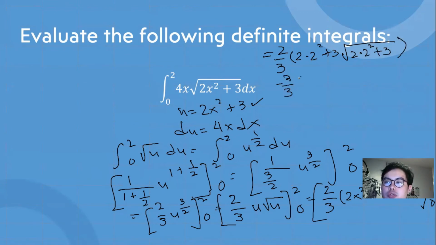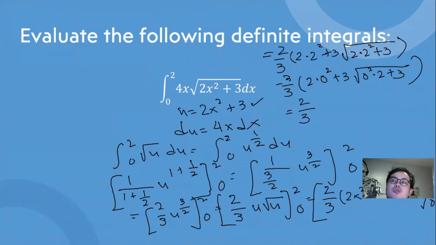Then what are we going to do? It will become 2 times 0 squared plus 3. Then 0 squared times 2 plus 3. Okay, so it will become 2/3. Okay, pag sinabi 2 times 2 squared, it will become 8.